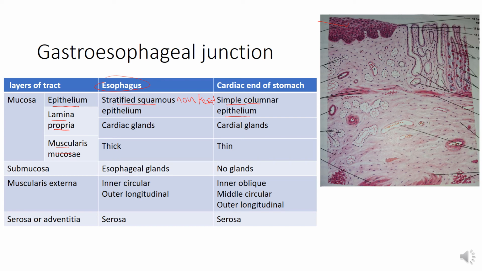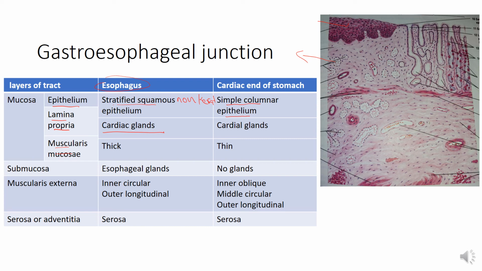Now regarding the lamina propria, in the lamina propria of the esophagus, you can see the esophageal cardiac glands. These are mucous glands, while the lamina propria of the cardiac end of the stomach contains the cardiac glands, which contain the mucous cells, the enteroendocrine cells, the chief cells, the parietal cells, and the stem cells.